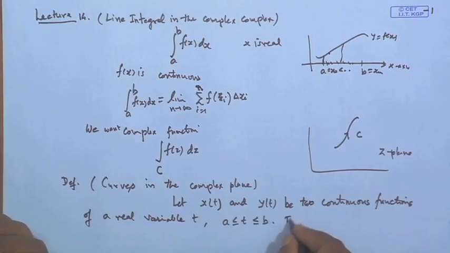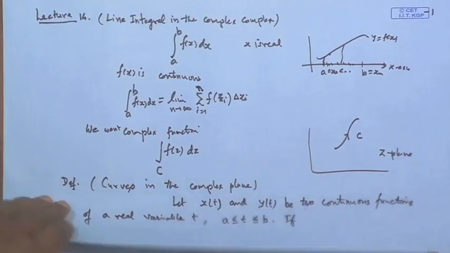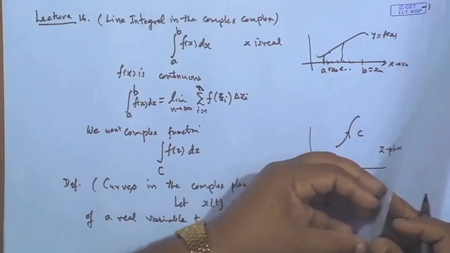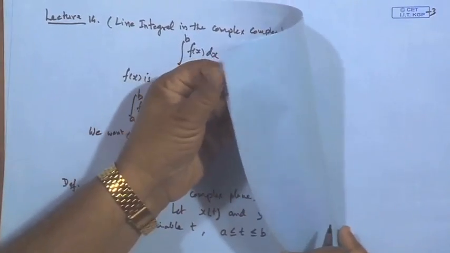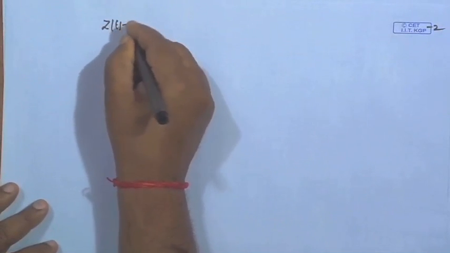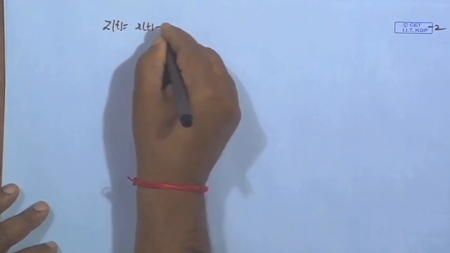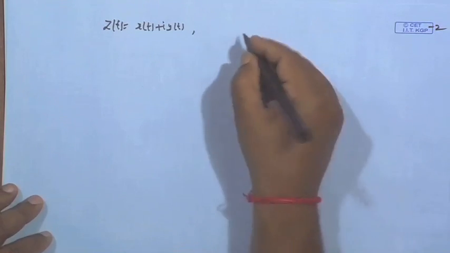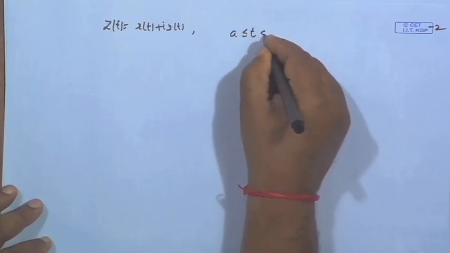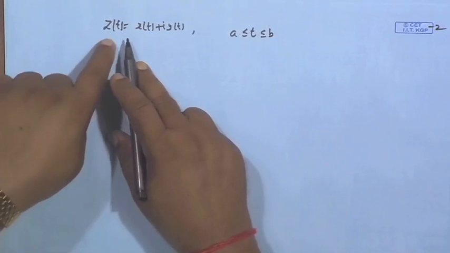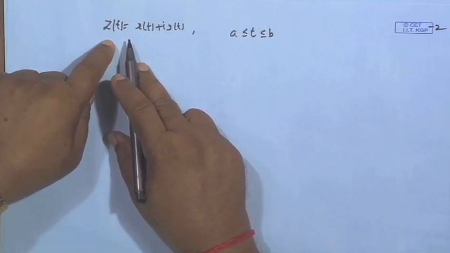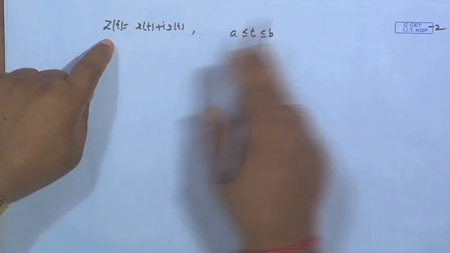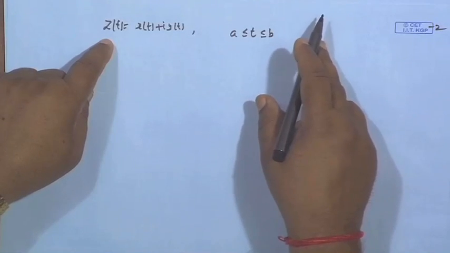If z(t) = x(t) + i y(t), where t varies over the interval a to b, then this point z(t) will describe a point on the curve and will trace a curve.